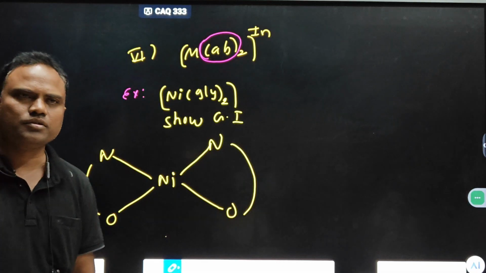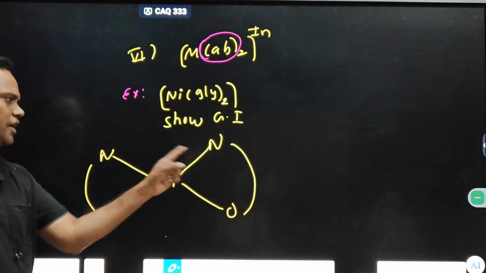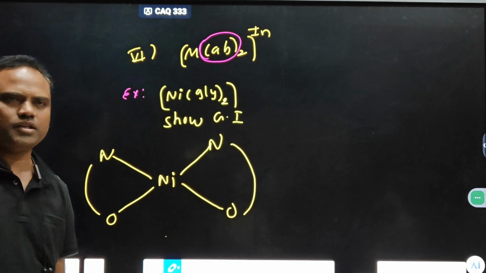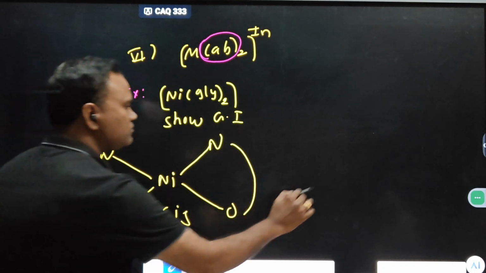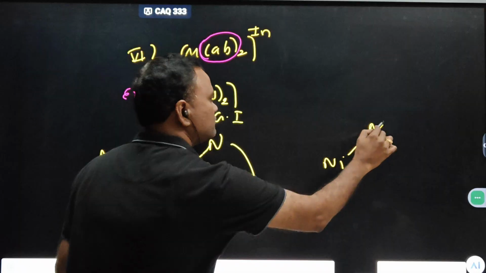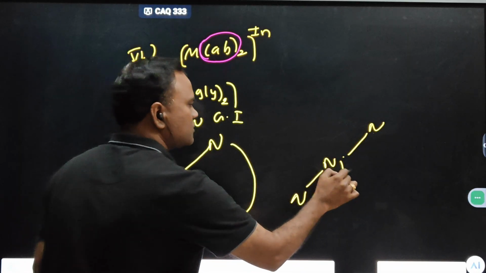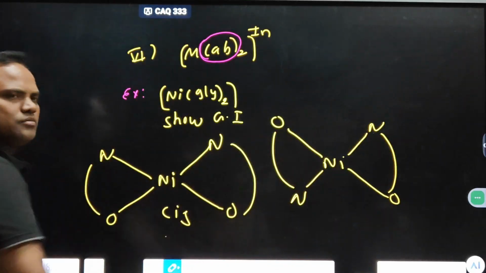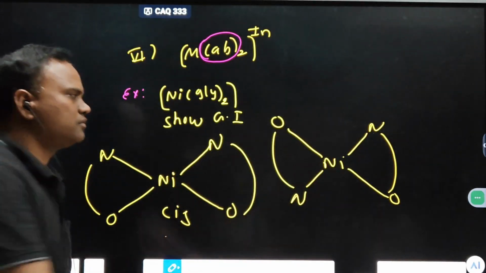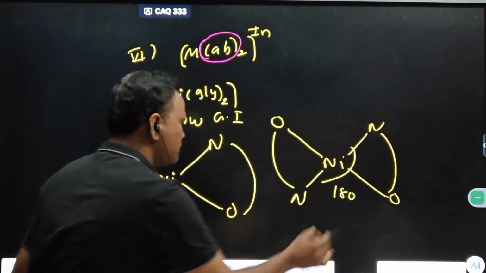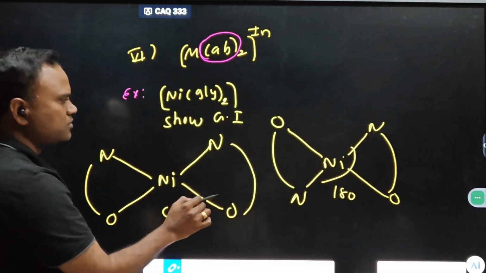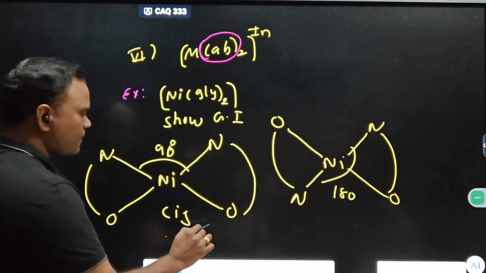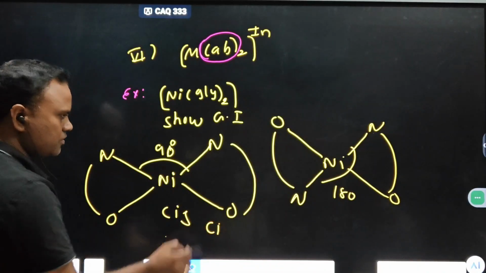You tell me, is this cis or trans? Nitrogen, similar atoms, arranged at 90 degrees. Cis. Trans. Two similar atoms, 180 degrees. Trans.